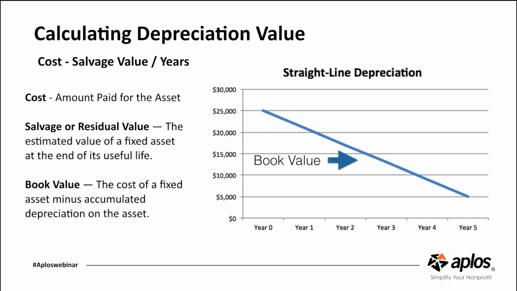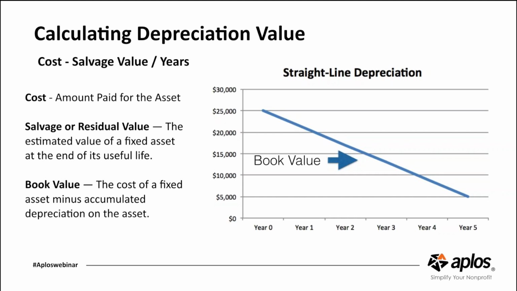And you have a salvage value of $5,000, which is you saying at the end of 5 years, I think that this car is going to be worth $5,000. So what I want to do is I want to depreciate all of the value down to the salvage value of $5,000. So that way at the end of the day, 5 years from now, on my balance sheet, it will still retain a value of $5,000 on my balance sheet.